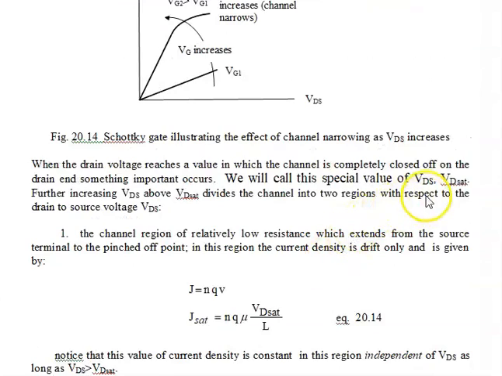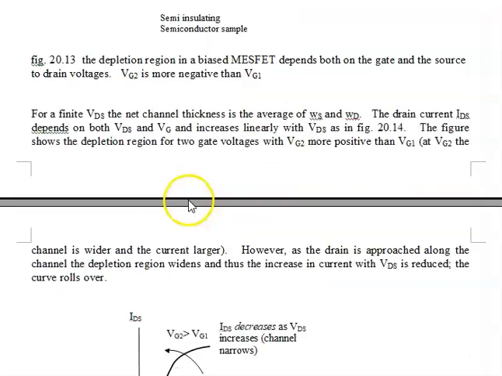That special value of VDS we call VDsat, or VD saturation. And any value above VDsat, I should say, will divide the channel into two parts: a high resistivity part.